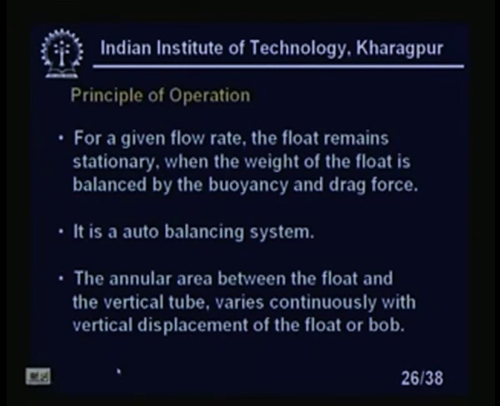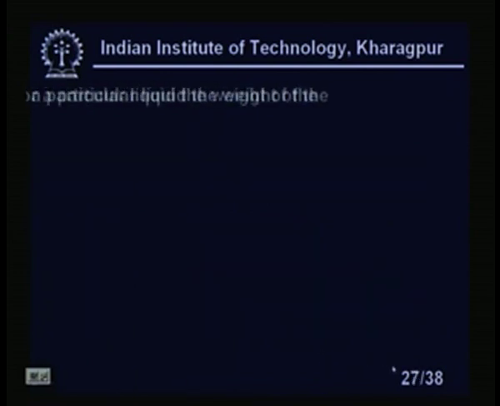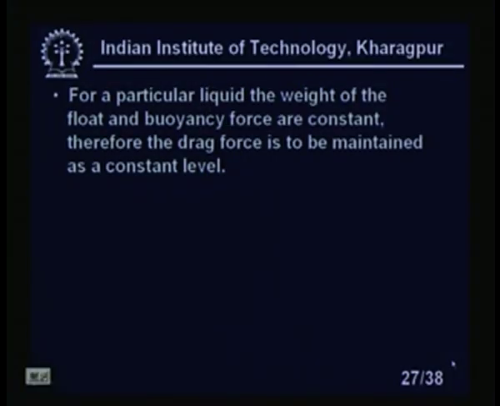So, the annular area between the float and the vertical tube varies continuously with the vertical displacement of the float or bob, right. For a particular liquid, the weight of the float is constant and the buoyancy force is also constant.